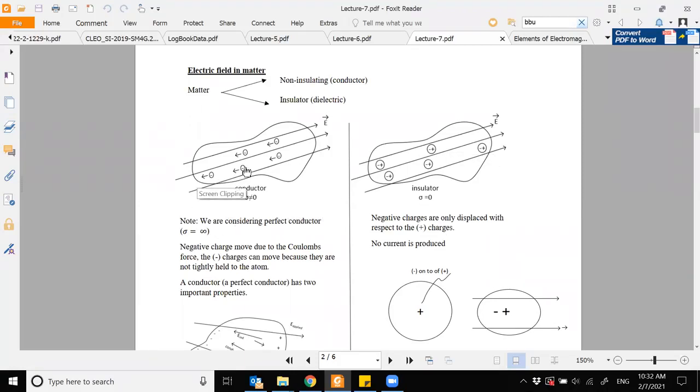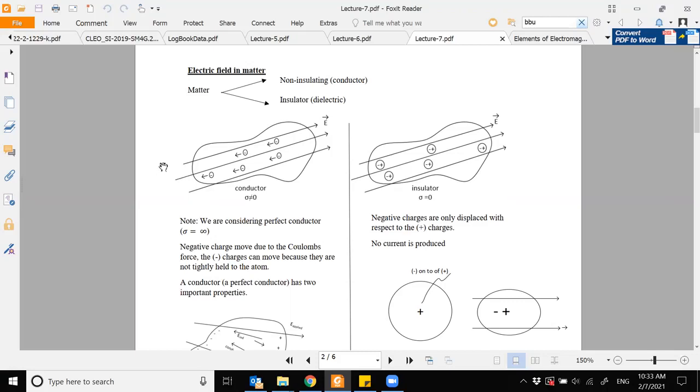Now, when I keep a conductor, you can think of anything, maybe a metallic rod or a metallic ball, so you are placing that metallic ball in a room which is filled with an electric field. Then what will happen to this metallic ball? If you see here, this is what happens.